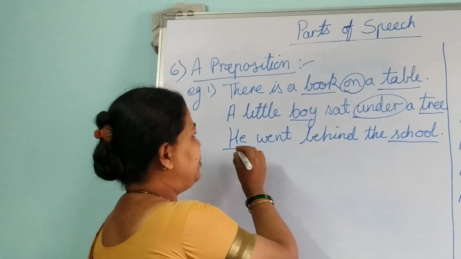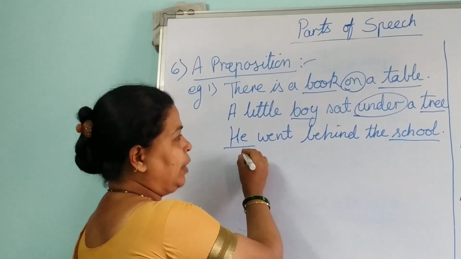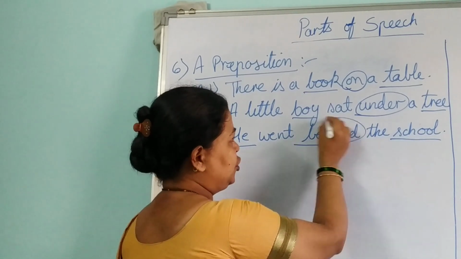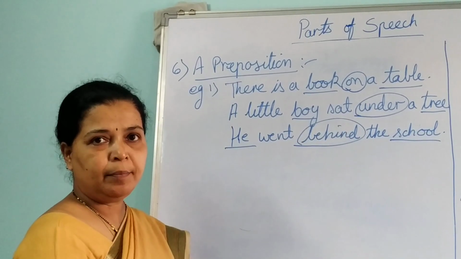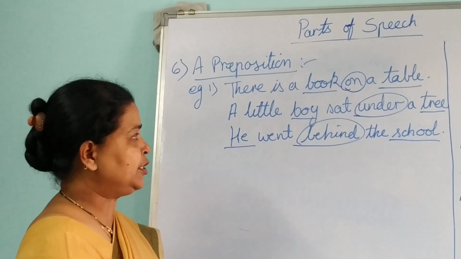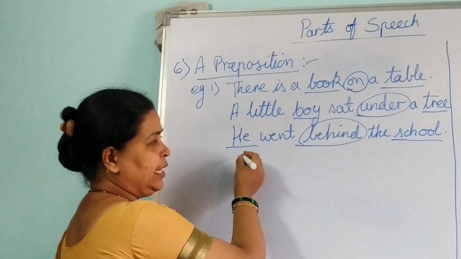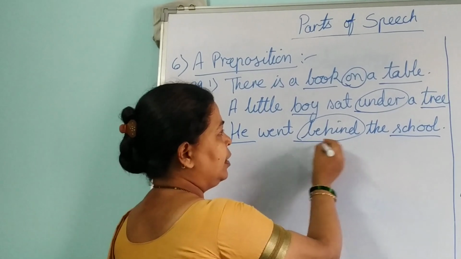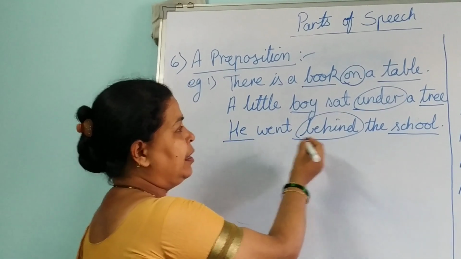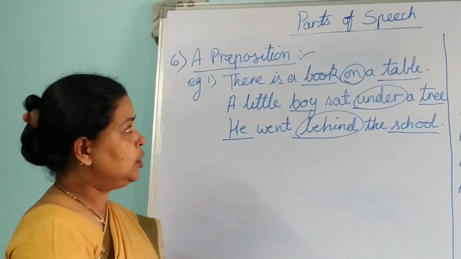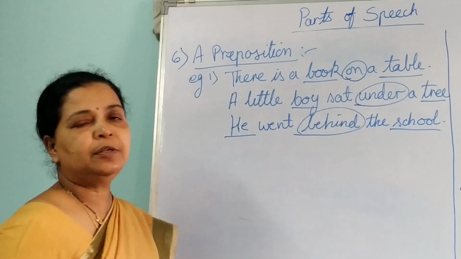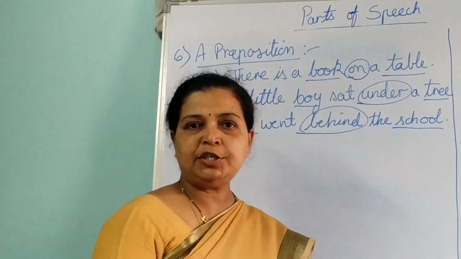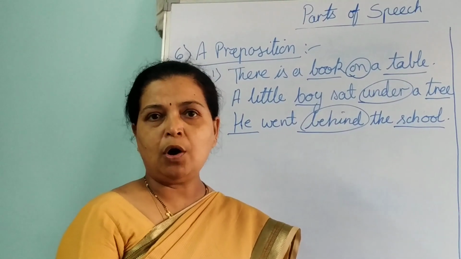And the relationship between this noun and a pronoun is shown by the word behind. Okay, so the relationship between the pronoun he and the noun school is shown by the word behind, that he went behind the school. So a preposition is a word which shows relationship between two nouns or a noun and a pronoun.